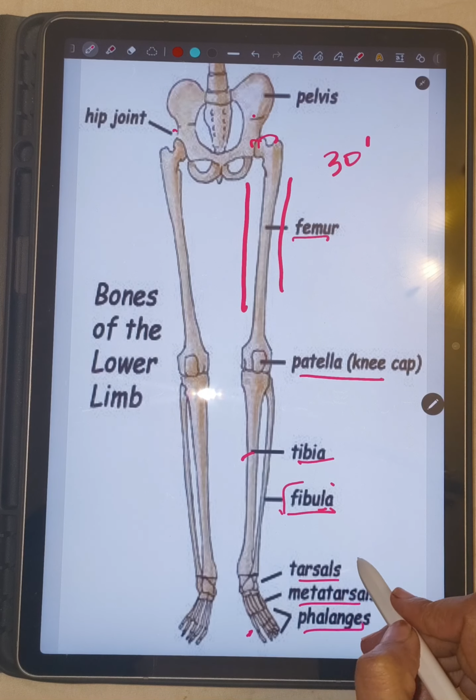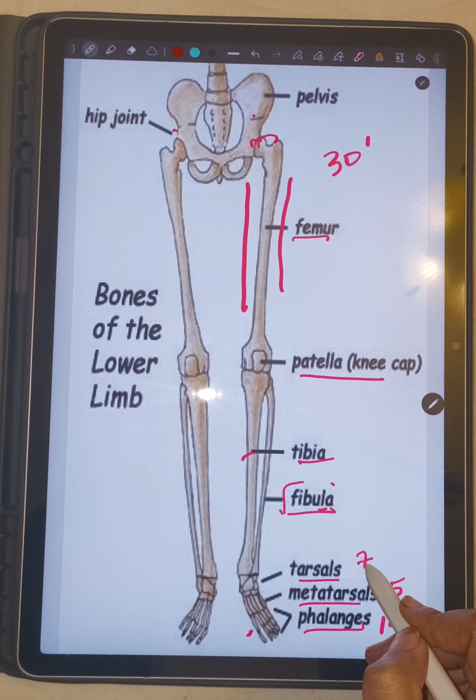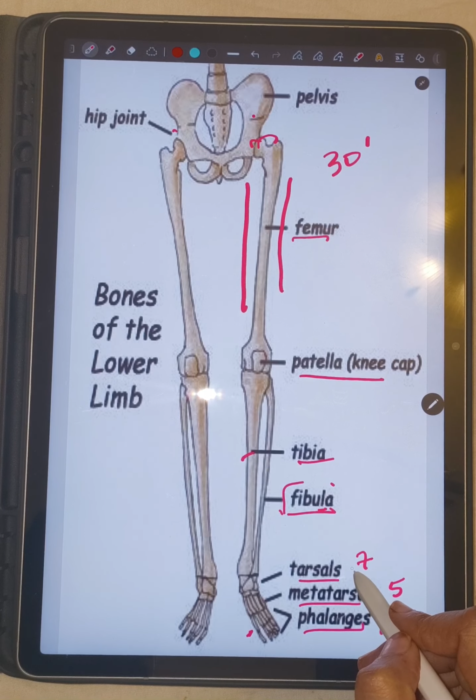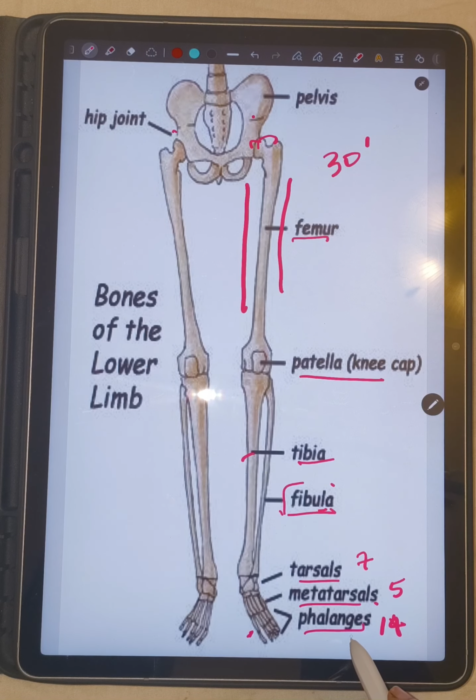Next are the tarsals: 7 tarsal bones, 5 metatarsal bones, and 14 phalanges. Tarsals are 7 bones, supporting ankle movement, weight support, and stability. The 5 metatarsal bones form the foot, arch balance, and muscle attachment. Phalanges are 14, supporting toe movement and balance while walking and running.